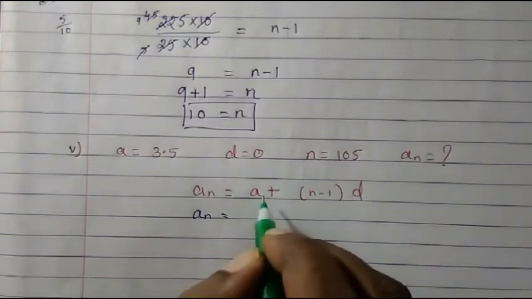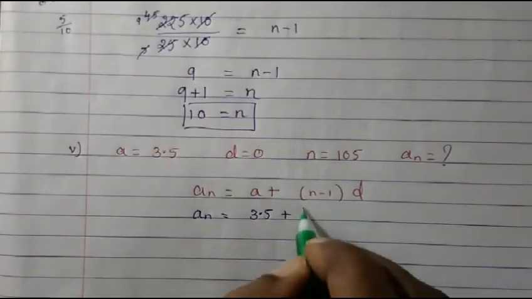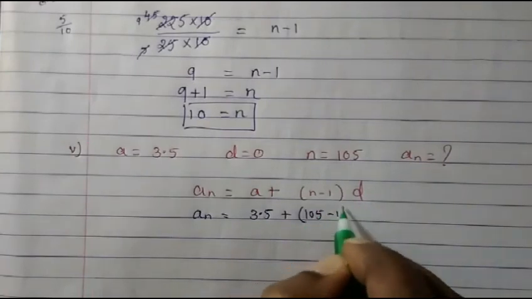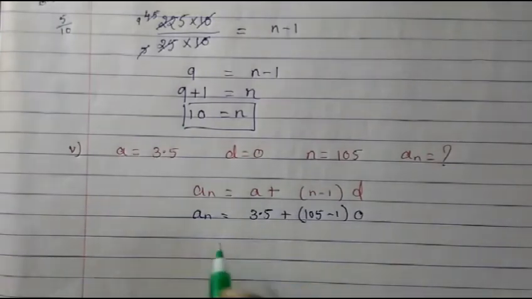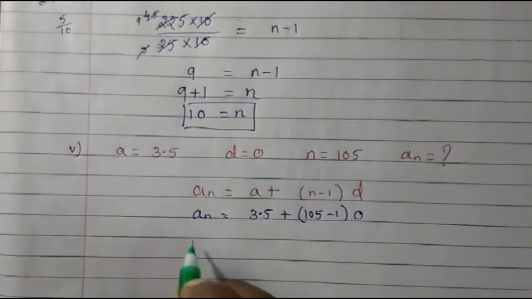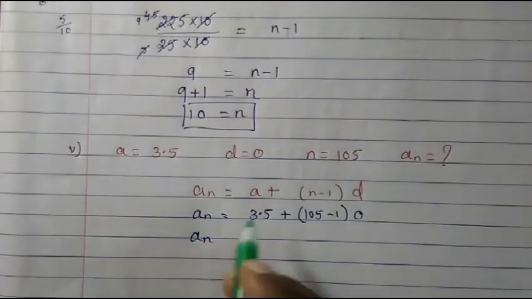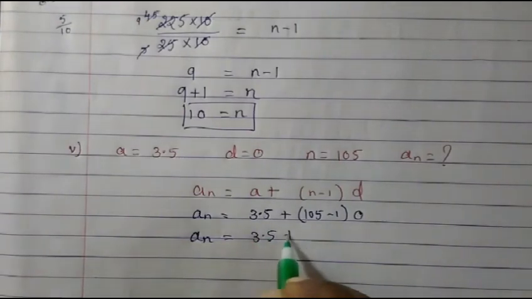Now a is what? A is 3.5 plus n is what? 105 minus 1, d is 0. So then n is 105, right? So an, you can also write in the place of n 105 because 105 a value you are going to find out. So here we have 3.5 plus.